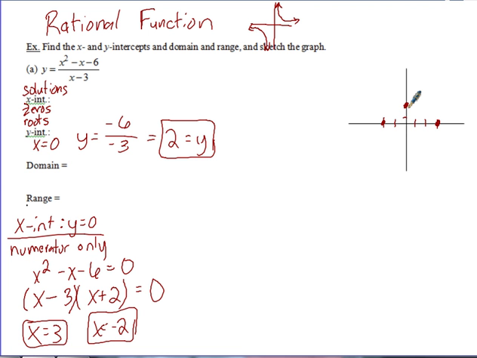But when I get 0 on the bottom, that's where it's undefined. That's an issue. So this is very simple, guys. Looking at my denominator, what x value is going to give me 0? 3. So guess what? Can I have that in my domain? No. So how do I say my domain is everything except 3?